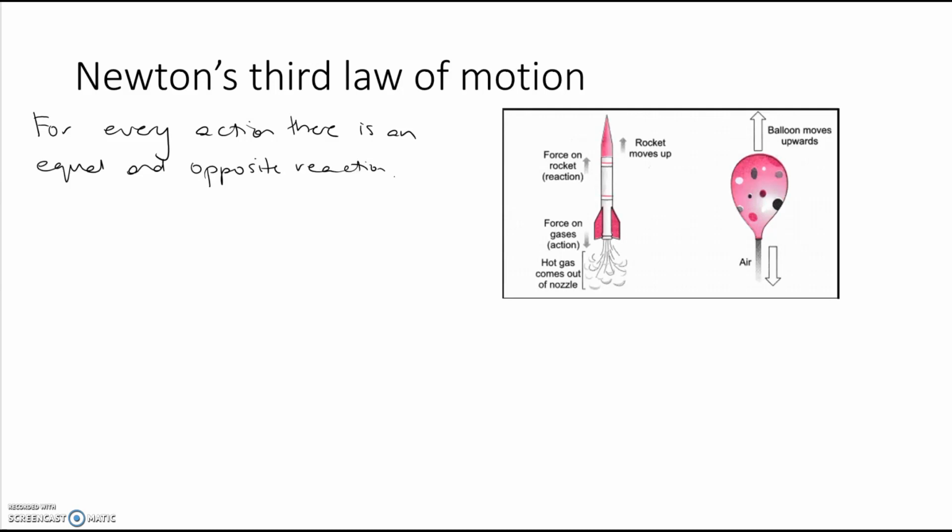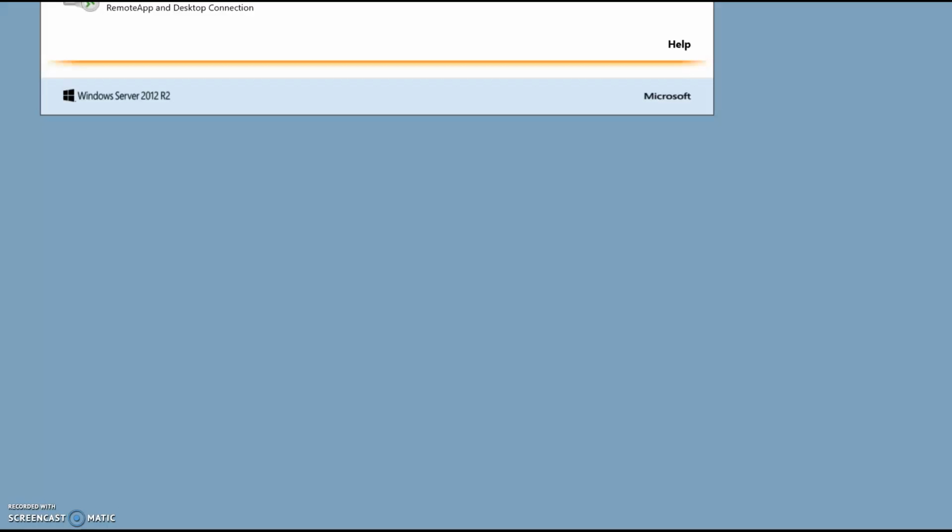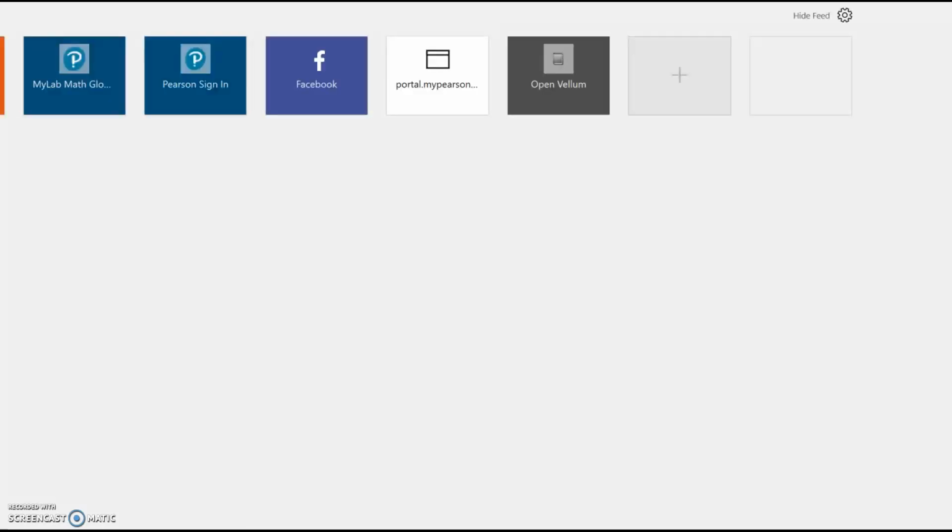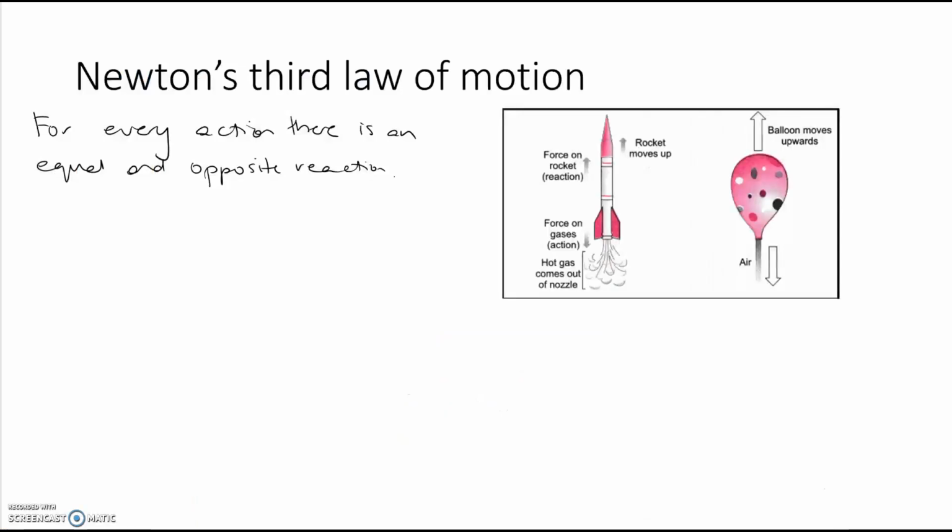Often the reaction force is friction, but what we have is that the action force acts on one object and the reaction force acts on another.